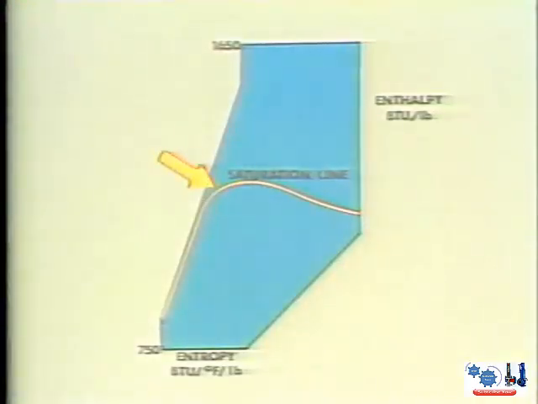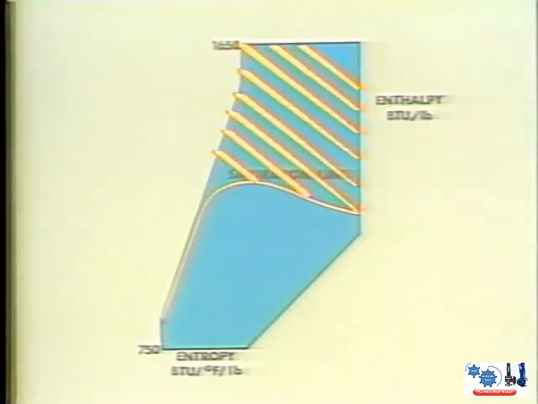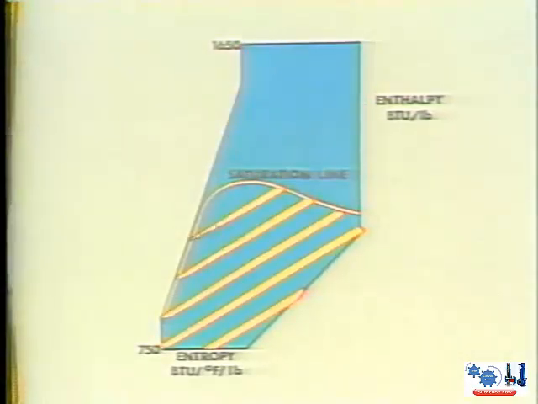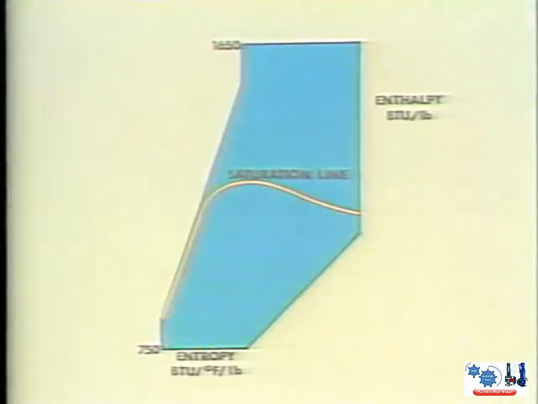This line, labeled the saturation line, divides the graph into two regions. The region above the saturation line is the superheated region, and the region below the saturation line is the wet steam region. That is, the steam in the wet steam region contains moisture. The wet steam region is basically the transition zone that we talked about in an earlier unit. The transition zone, you'll recall, is where water and steam can coexist.